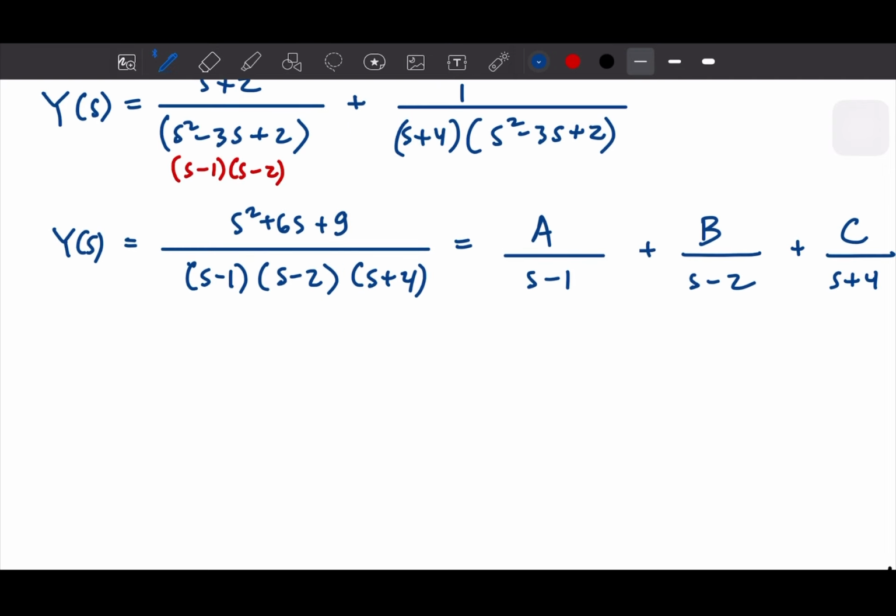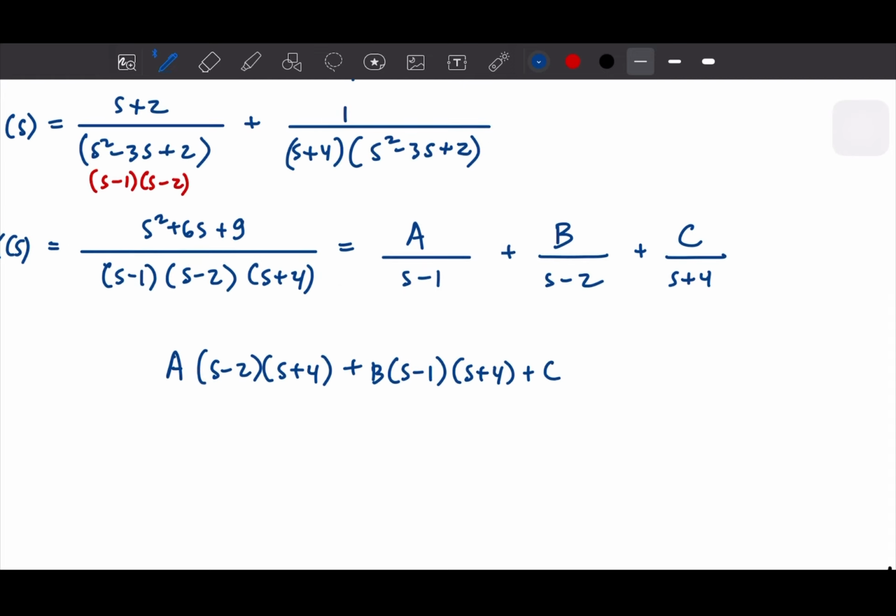So we take A, multiply with s minus 2, s plus 4, plus B, multiply with s minus 1, s plus 4, plus C. This is equal to s squared plus 6s plus 9.